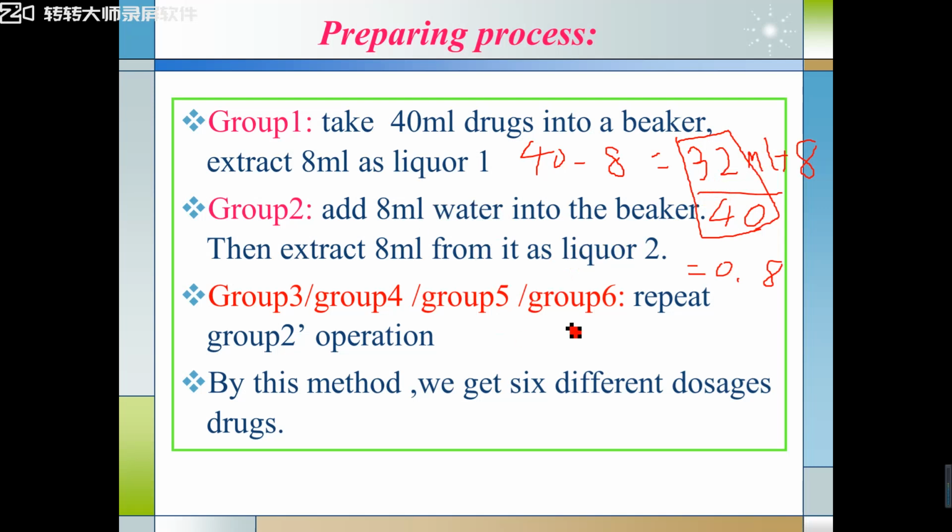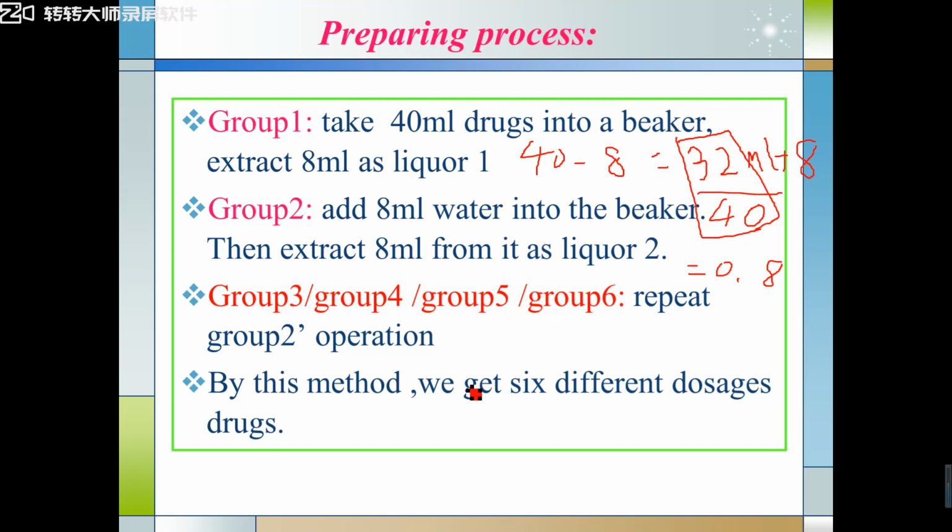And the students in the fourth group add 8 milliliter of distilled water to the big beaker. 32 turns into 40, which means the fourth group dilutes the drug at the ratio of 0.8. And then the students in the fourth group also extract 8 milliliter of drugs from the big beaker as the fourth liquid.